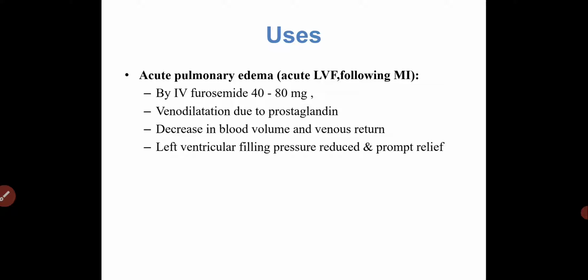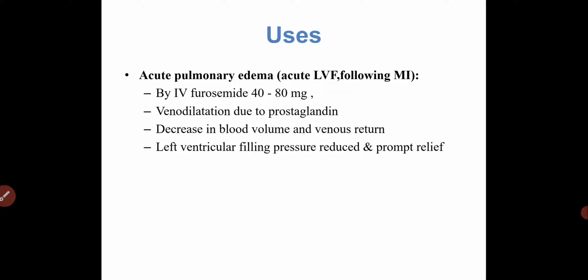There is venodilatation, not due to the diuretic effect but due to prostaglandin, and it decreases the blood volume and the venous return. So there is a decrease in left ventricular filling pressure, and there is prompt relief of the pulmonary congestion.